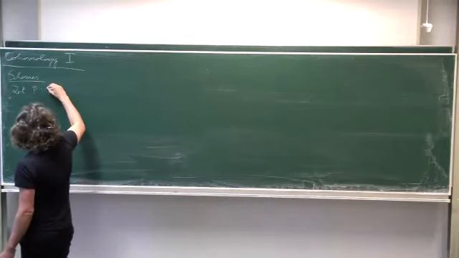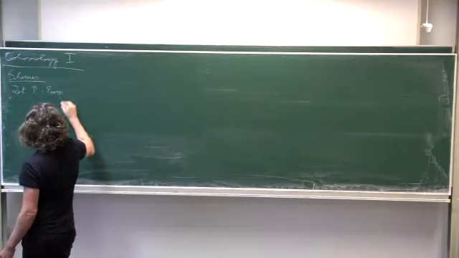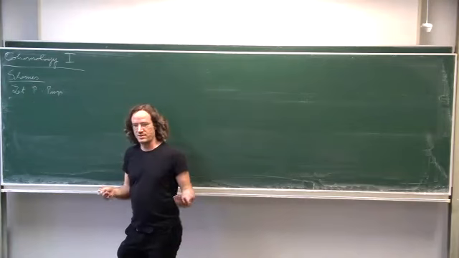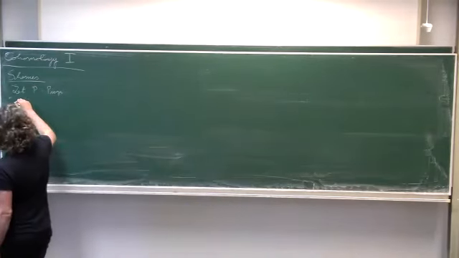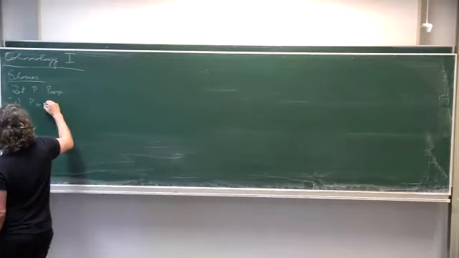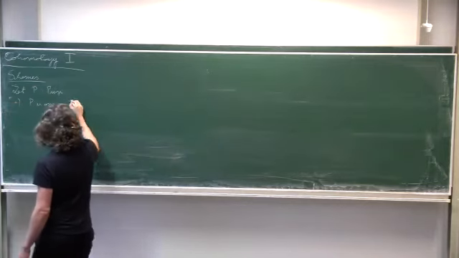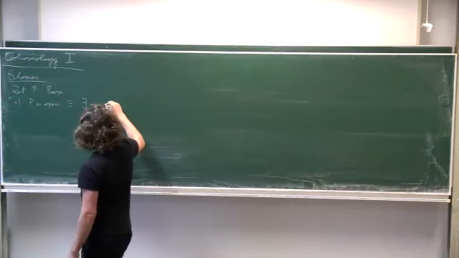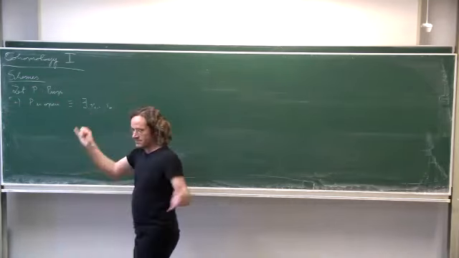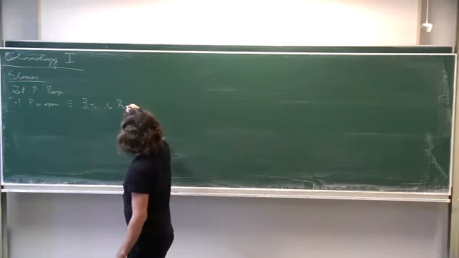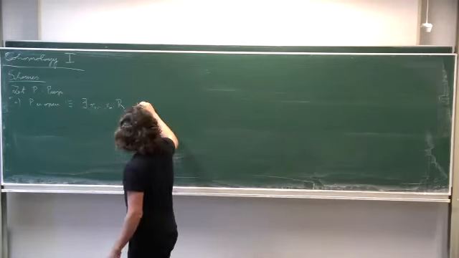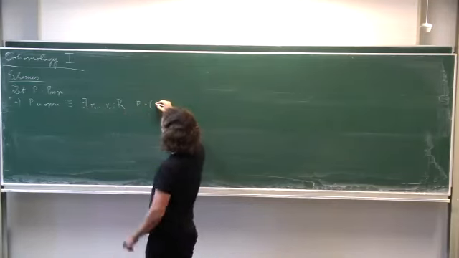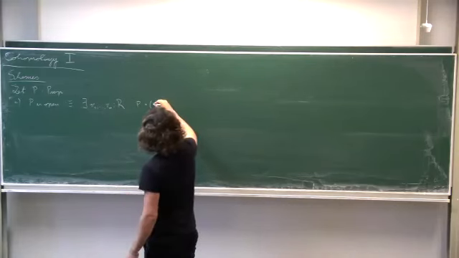So let P be a proposition, then we can define when it is an open or closed proposition. P is open means there exist elements in our base ring such that the proposition is equivalent to one of those being non-zero.